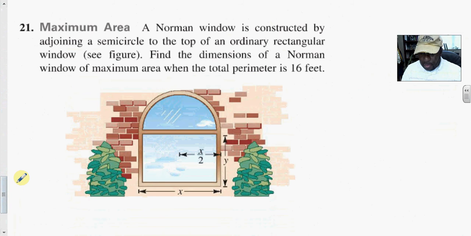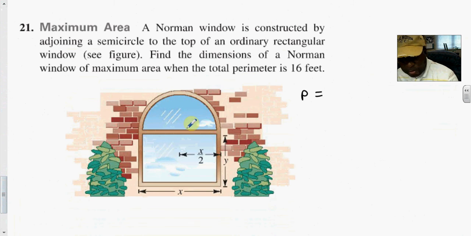Well, let's first build the perimeter of the rectangle, and no need to include this side of the rectangle because that side will be included for the semicircle. So this is going to be x plus 2y. So this first perimeter is the x plus 2y.